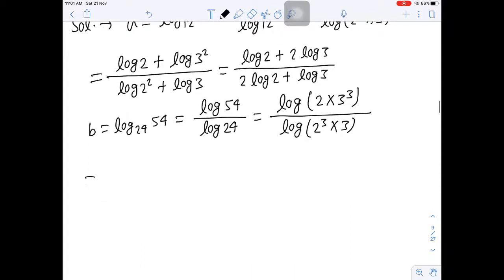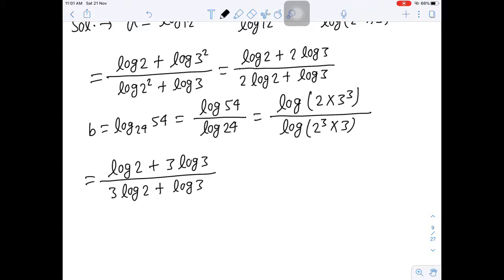So you will get log 2 plus log 3 cube if you apply the log mn formula. Log 3 cube will be nothing but the power will come out, so it will become 3 log 3. Similarly, the denominator will become log 2 cube, which is 3 log 2 plus log 3.